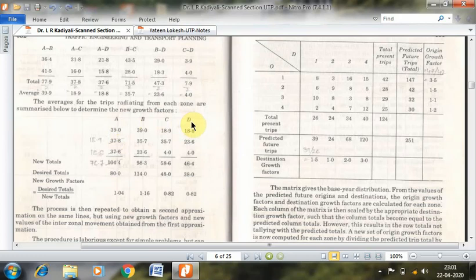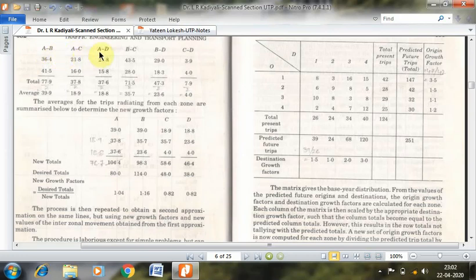So to determine the new growth factor, I'll have to separate the zones as A, B, C and D, and while doing this I'll have to enter all the average trips wherever you have A. Okay, so you can see here in the previous step, you have A here, you have A here, and you have A here.